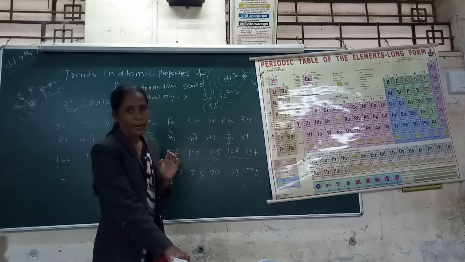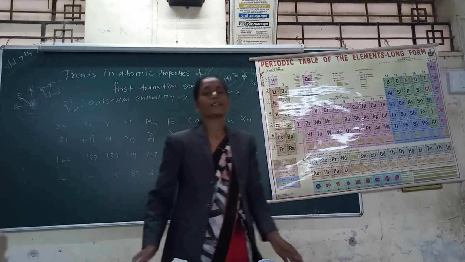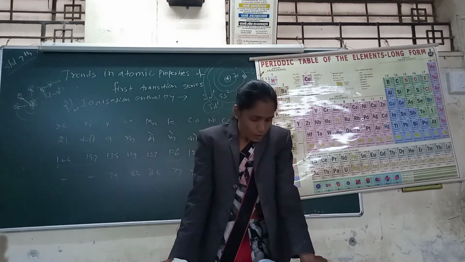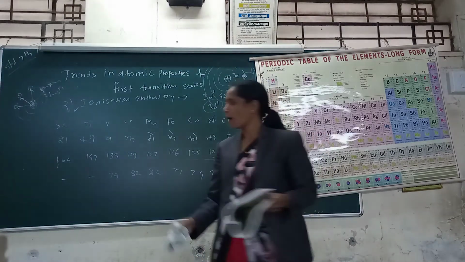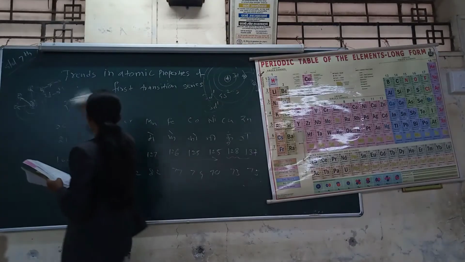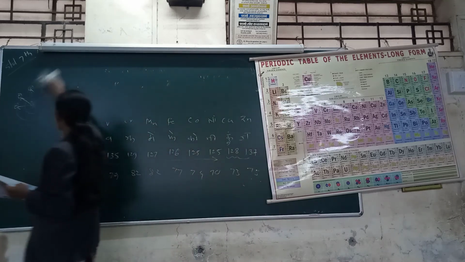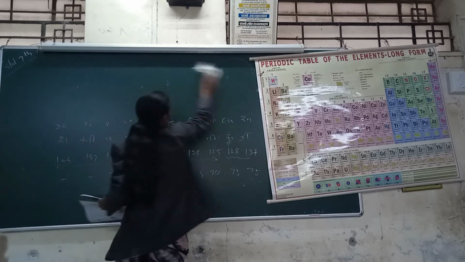It is clear that when the atomic radius is less, the ionization enthalpy is greater. The ionization enthalpy is explained by the graph of the first transition series, scandium to zinc.